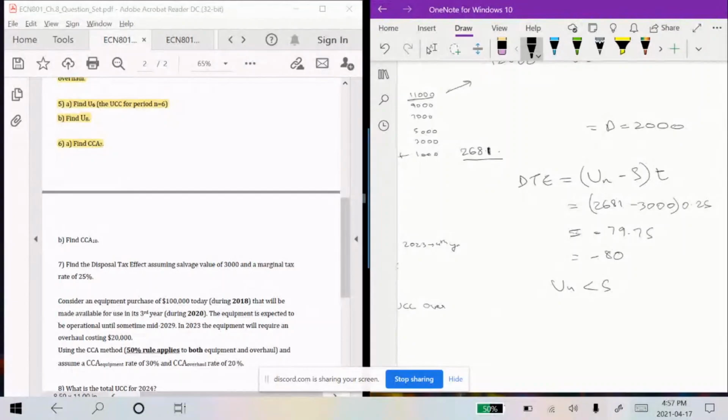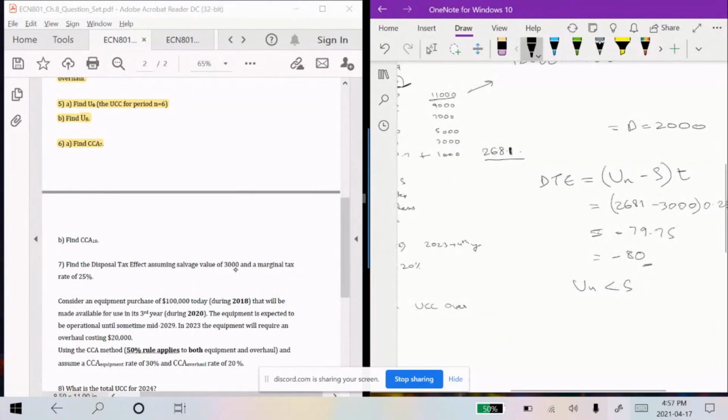So if it has been depreciated more than it should have, you're paying lesser taxes that way. So now the company has to give this extra $80 to the CRA, the Canadian Revenue Agency, if I'm not wrong. That's how you calculate this disposal tax effect.